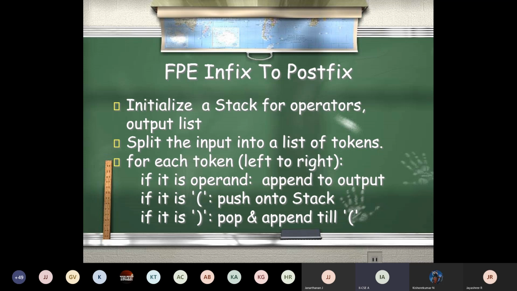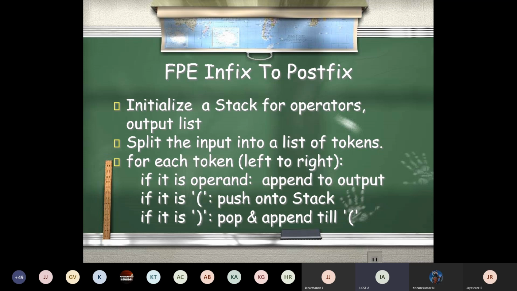We are going to print the postfix notation as output. Our stack is for the operators, and the output is your postfix notation.